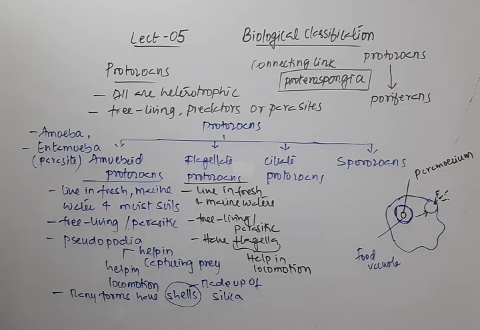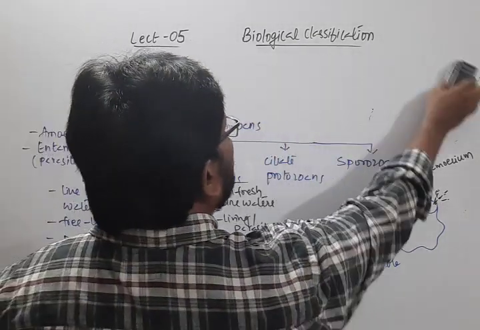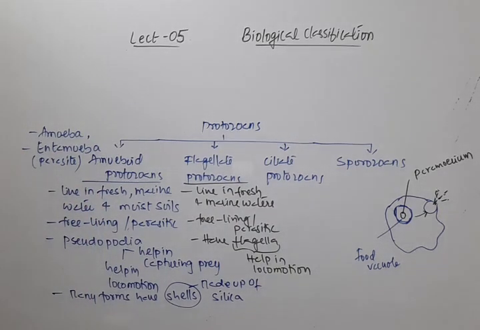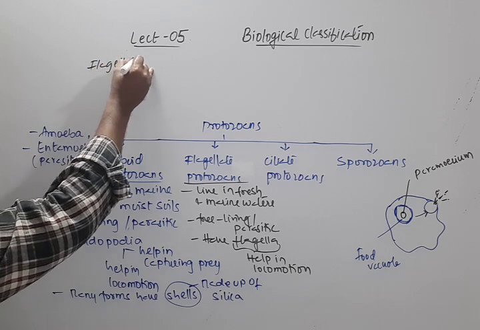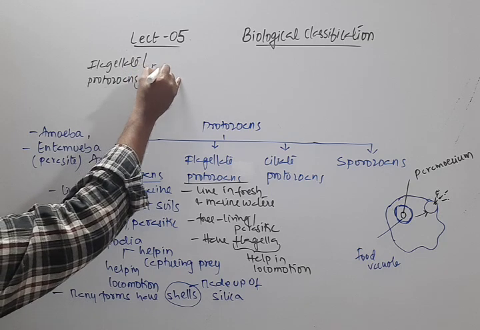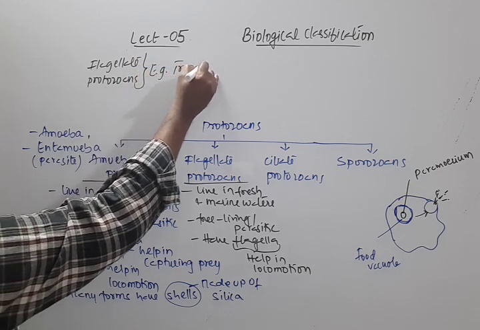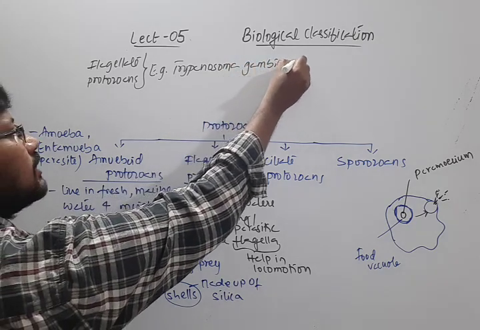Right. And there are some parasitic forms, like for example trypanosoma. So an example of flagellate protozoans is Trypanosoma gambiense.